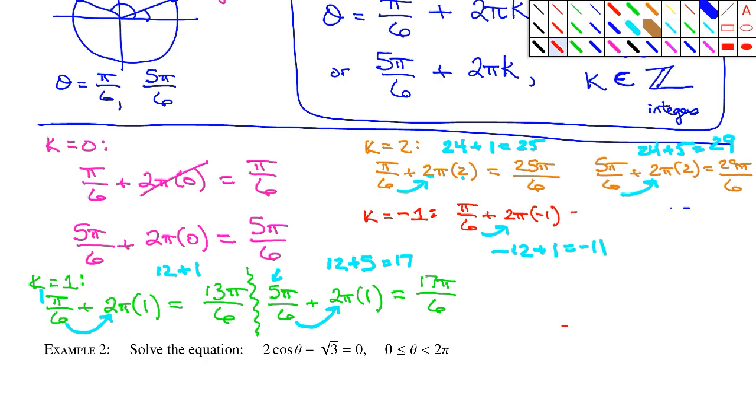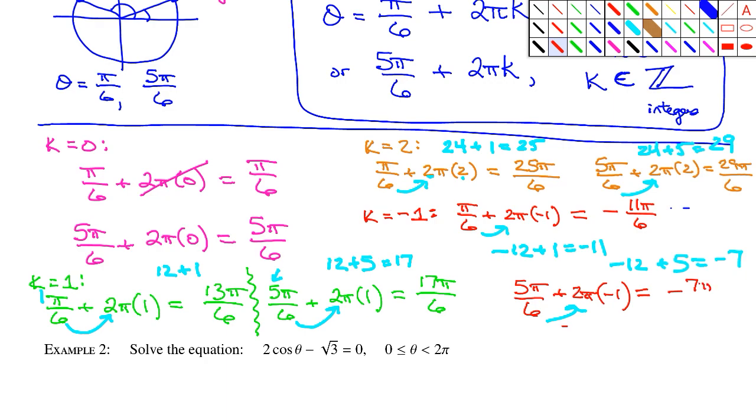So that results in -11 pi over 6. And 5 pi over 6 plus 2 pi times -1 would be -12 plus 5 is -7. And that's -7 pi over 6.